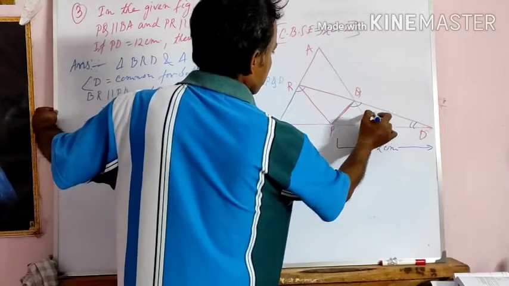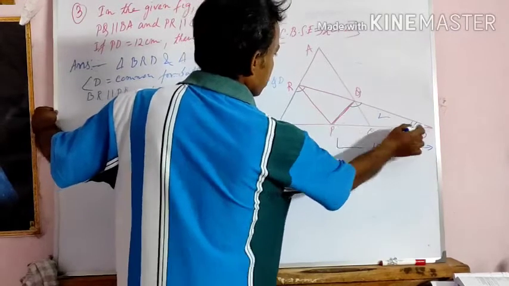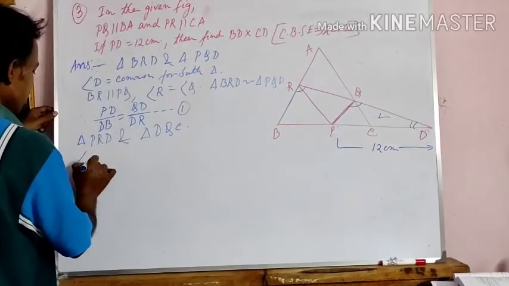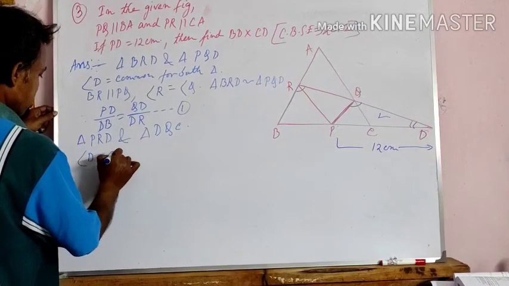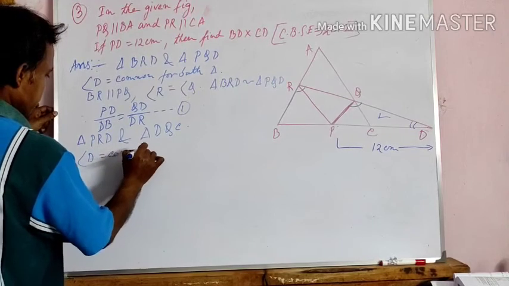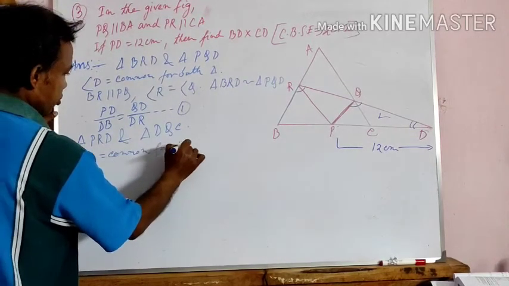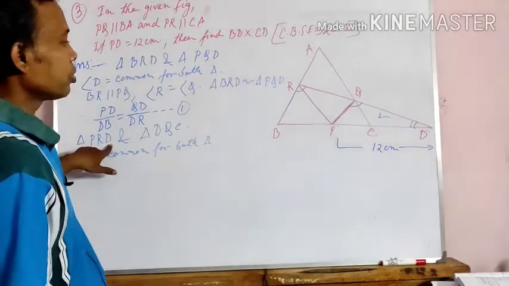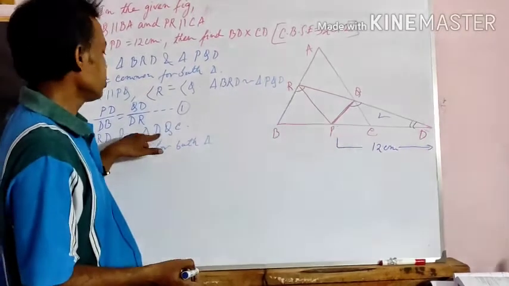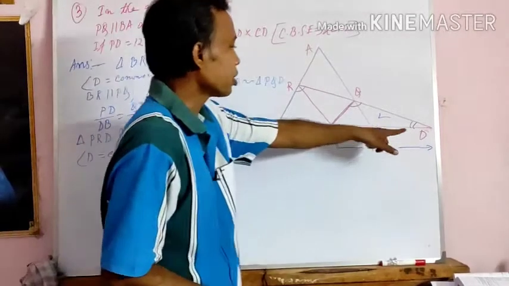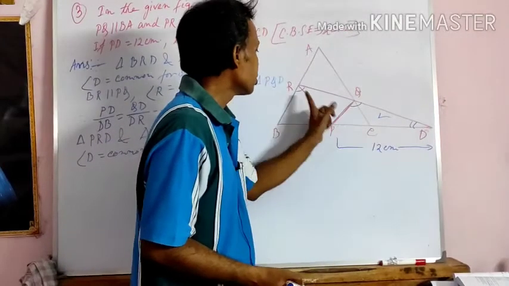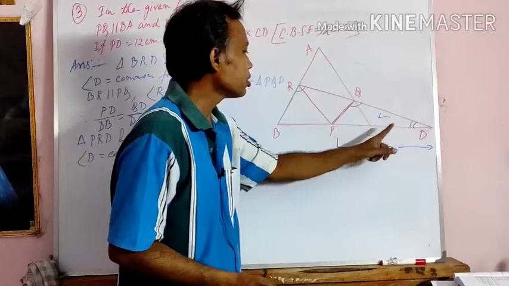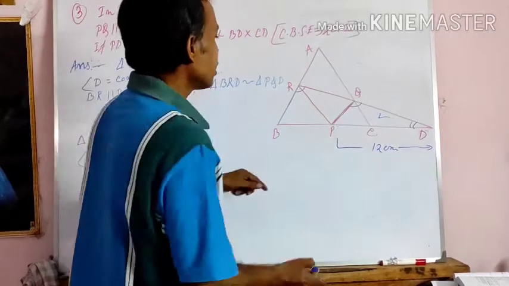Here also D is the common angle for both triangles, triangle PDR and DQC. D is the common angle for PDR or DPR and DQC.